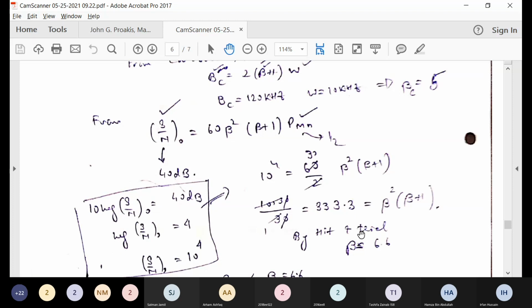But here you can see that my beta is already constrained by 5, which is less than the beta threshold. So 5 is a good value. It is less than the threshold value, and I have to use 5 because if I go above 5, my Carson bandwidth will increase, which will not satisfy the given requirement.